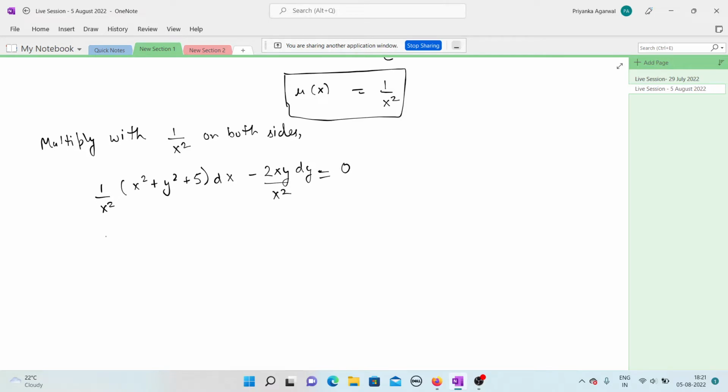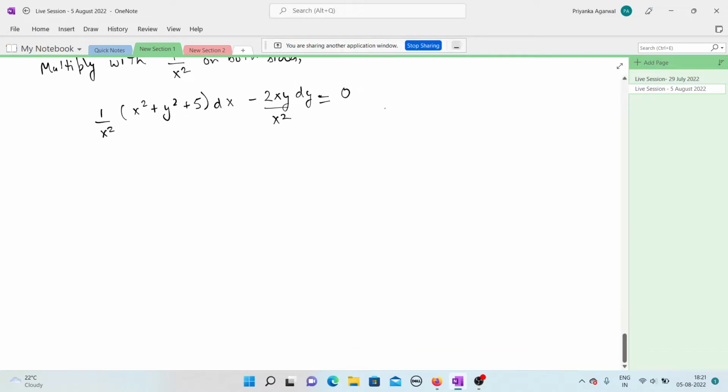Now if you check, this equation is an exact differential equation. You can check it on your own.